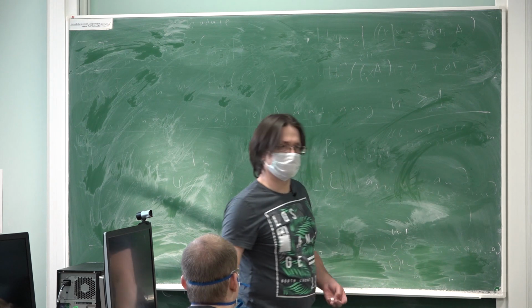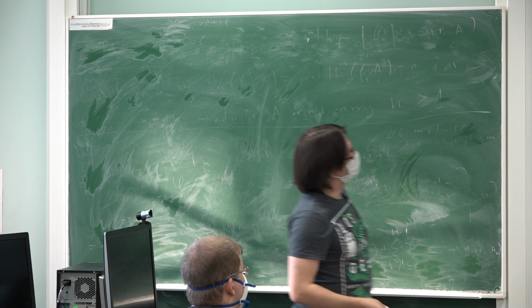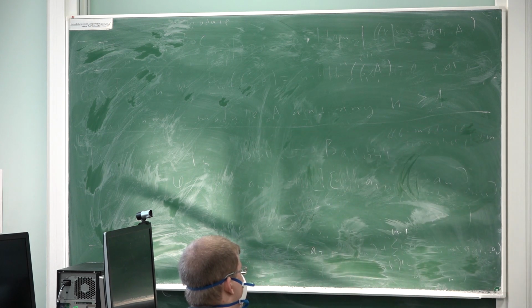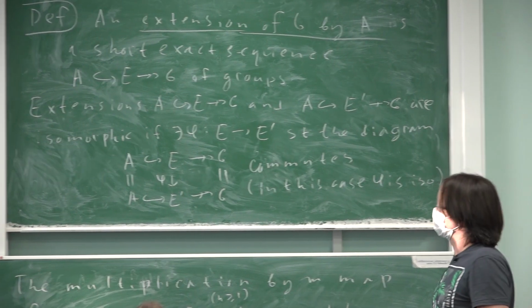Does it always exist? If you are interested in an arbitrary extension, yes, of course, because you can put E equal to the direct product of A and G. Sorry, I forgot.